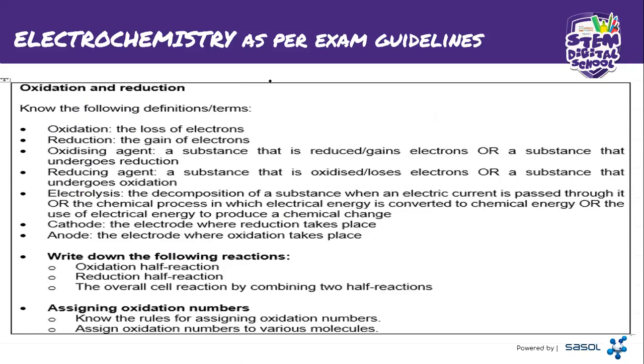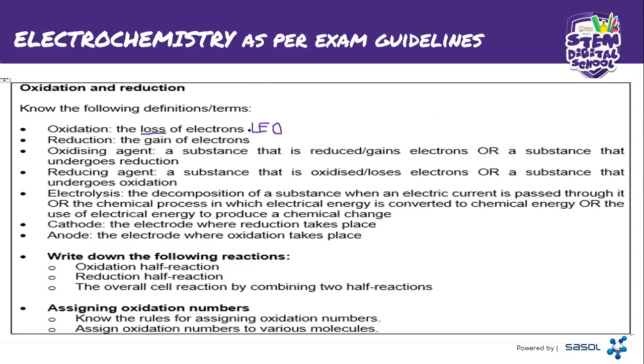Firstly, remember that you are required to know the definition of the term oxidation. And you will remember that when we talk about oxidation, we are talking about the loss of electrons. And you can actually use this code here, LEO, L-E-O, because this one will help you to always remember what we talk about when you talk about oxidation.